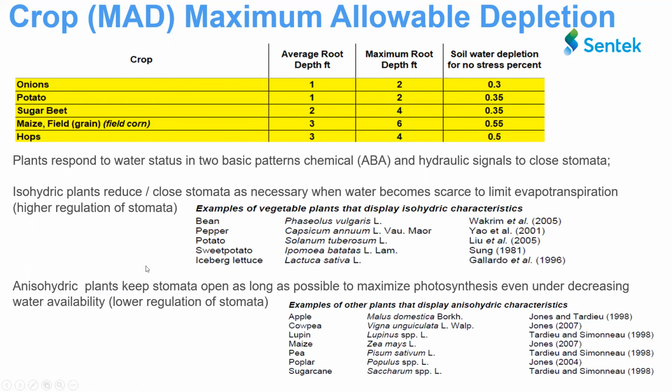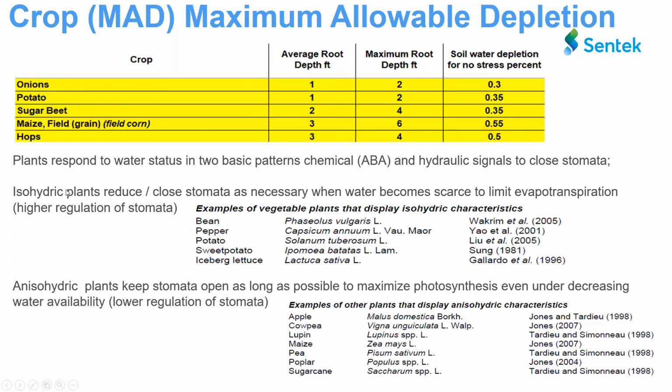And then anisohydric plants, they keep their stomata as open as long as possible to maximize carbon uptake and photosynthesis, even when the plant sees a reduction in water availability. And these are some plants that will still try to grow under restricted water availability: apples, cowpeas, corn, and peas.